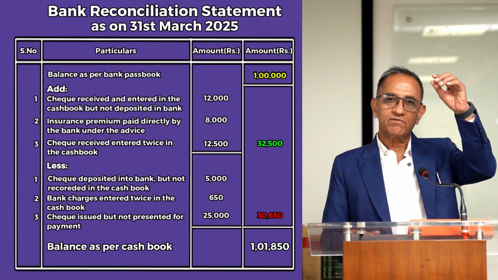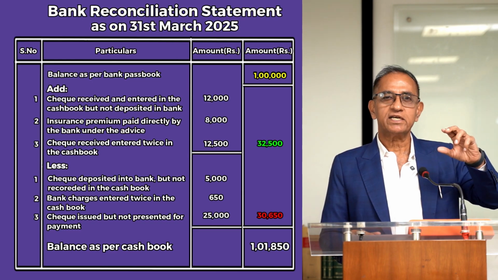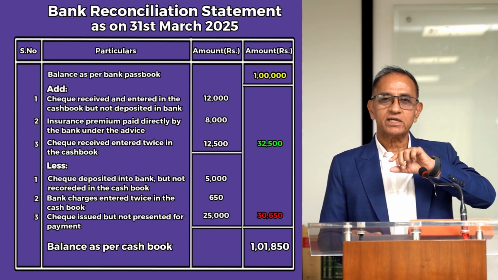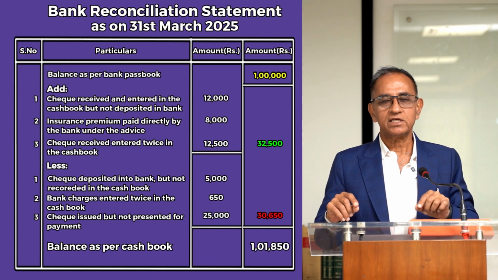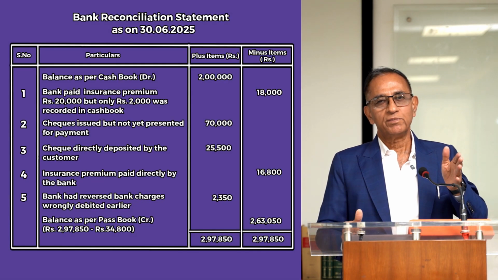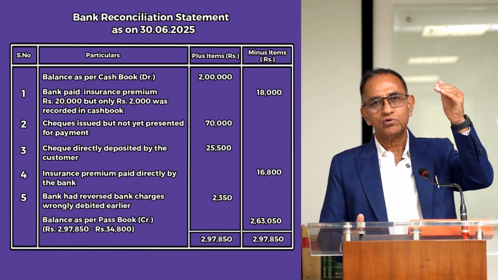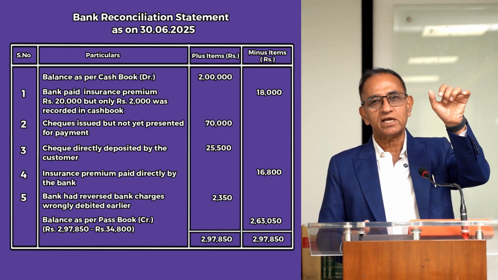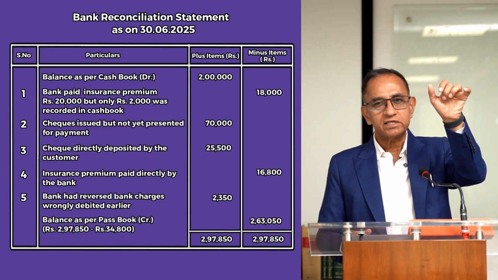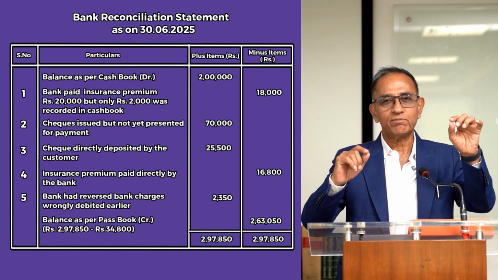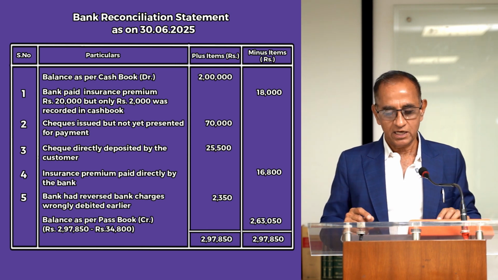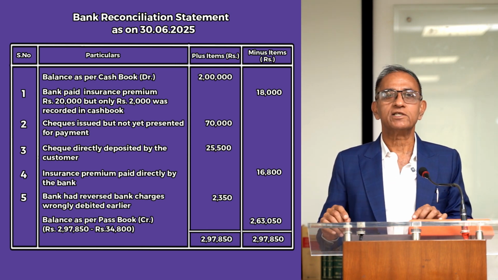Earlier we were starting with the balance, adding items, minus items, and by adding and subtracting their total we were calculating the other balance. Now in this case we have two columns. Whatever balance I have, whether passbook or cash book, I'll write it as a plus item, and in a similar manner, analyzing the plus and minus items and taking their effect, I'll keep on writing it and take the balancing figure.